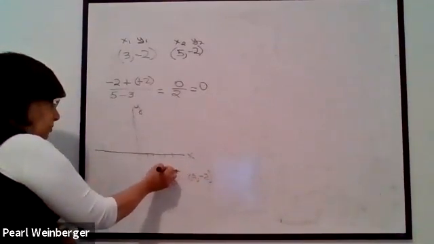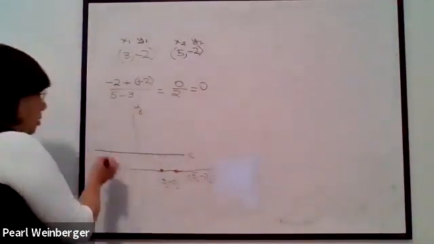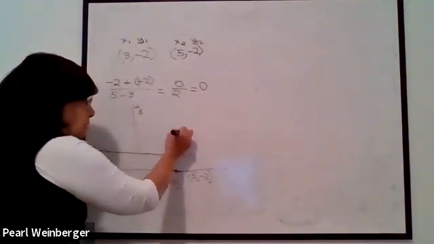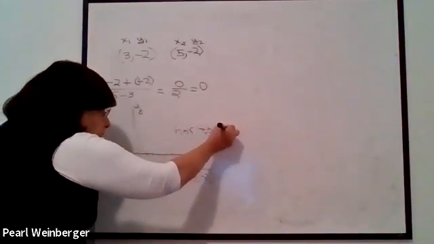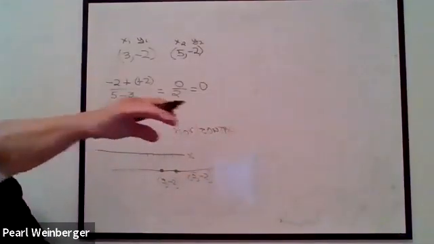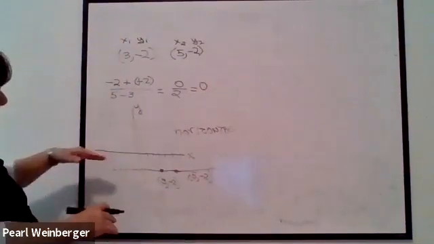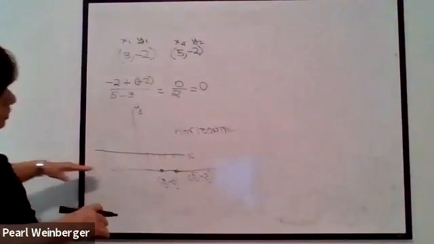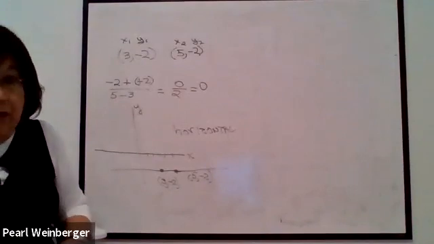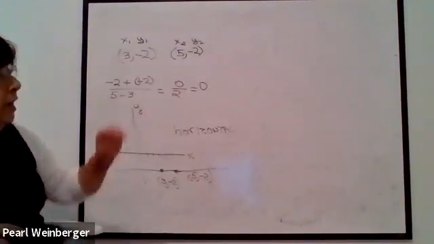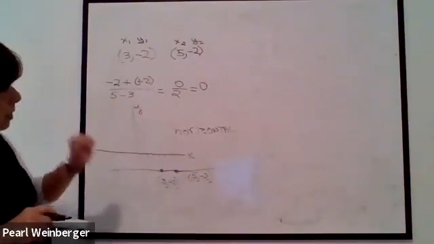Now, if I draw this line and extend it, you will see that this line is what we call a horizontal line. A line that goes straight across, it's not going up, it's not going down. As it goes across, it's just going straight across. That is what you get when you have a line whose slope is 0. A horizontal line is a line whose slope is 0.